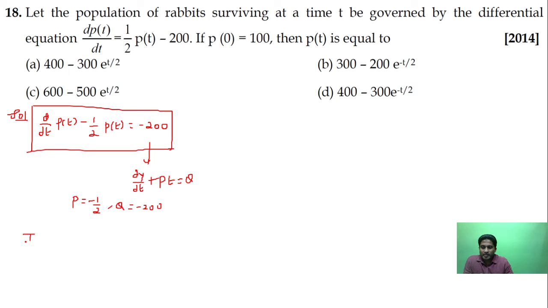Okay, now integrating factor is equal to e to the power of integration p dt. So this is equal to e to the power of integration of minus half dt, that is equal to e to the power of minus t by 2. Solution will be p of t into integrating factor is equal to integral q into integrating factor dt plus c.